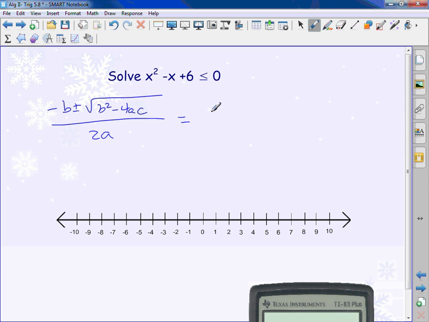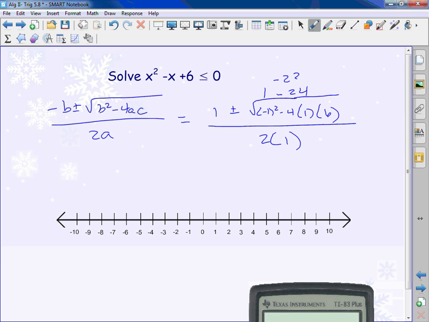My b is -1, so it's 1 plus or minus -1 squared minus 4 times 1 times 6 all over 2 times 1. And I just realized something. Okay. I have 1 minus 24, which gets me -23.